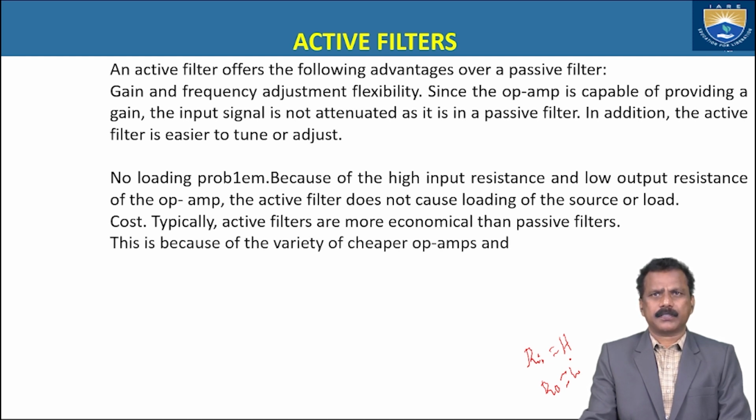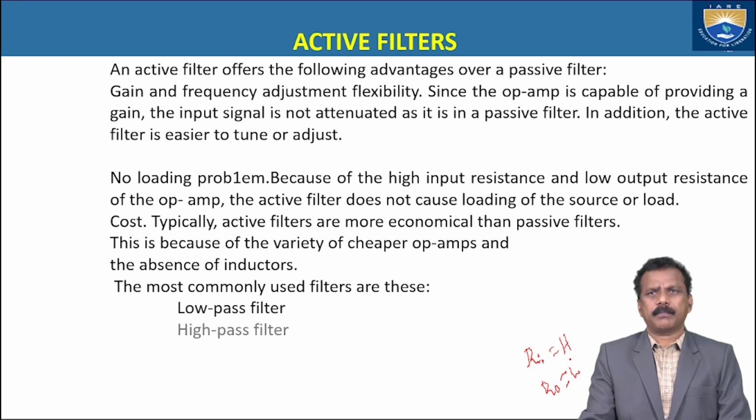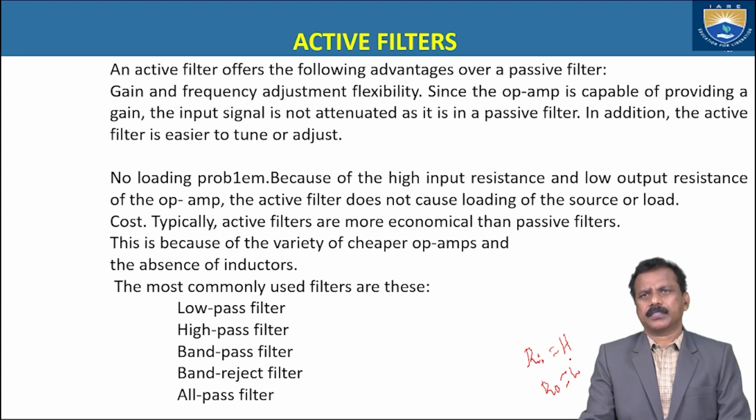This is because of the variety of cheaper op amps and the absence of inductors, since there is a demerit when we are using inductors. The most commonly used filters are the low pass filter, high pass filter, band pass filter, and band rejection filter. Sometimes they also use all pass filters.